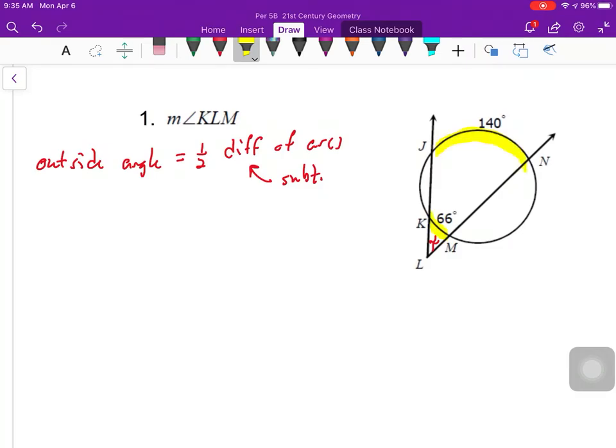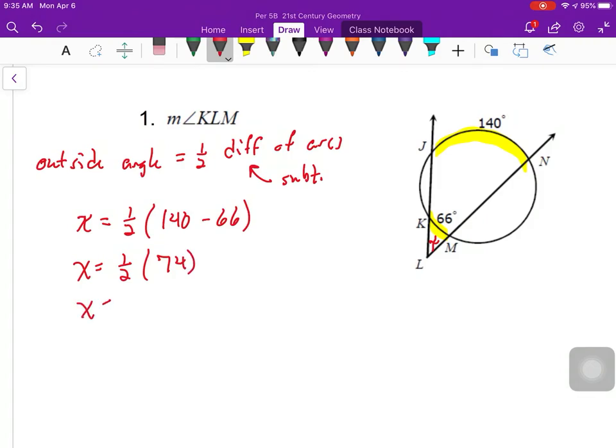So here's our angle right here. I'm going to call it X. The two arcs we're interested in are this one and this one out here. So our angle X is going to be equal to half, and then I have to take the big arc minus the small arc.